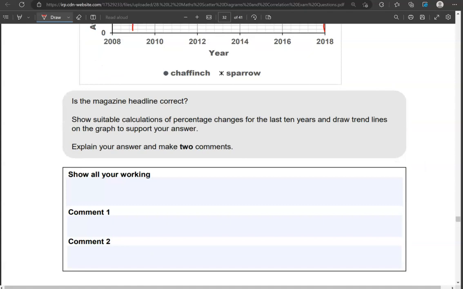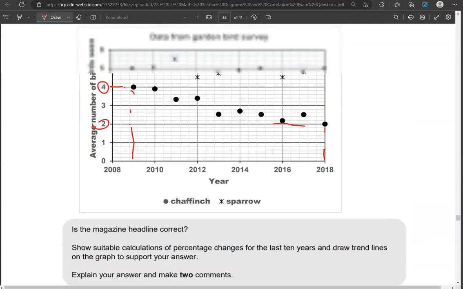So 4 take away 2 gives us 2. That's 2 out of the original, which was 4. So that is half, which is 50%. So that's a 50% decline for chaffinches.